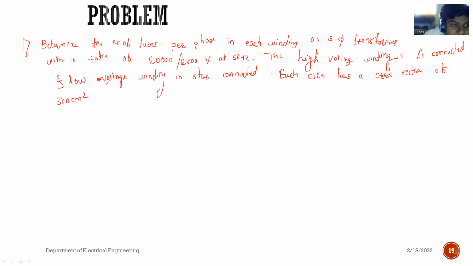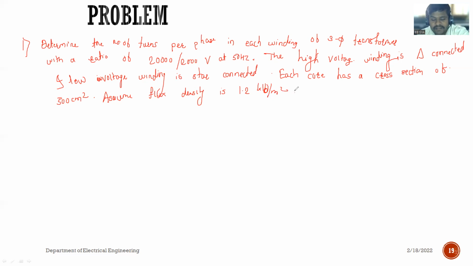Assume flux density is 1.2 Weber per meter square. All of you read the problem carefully.